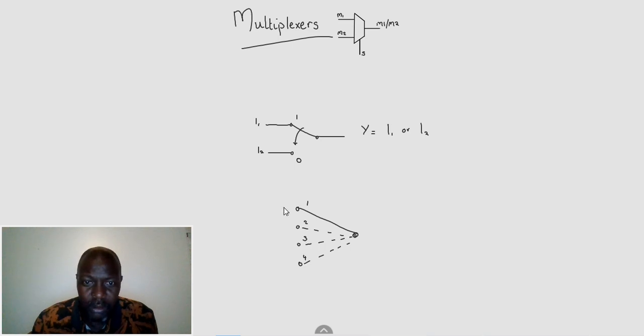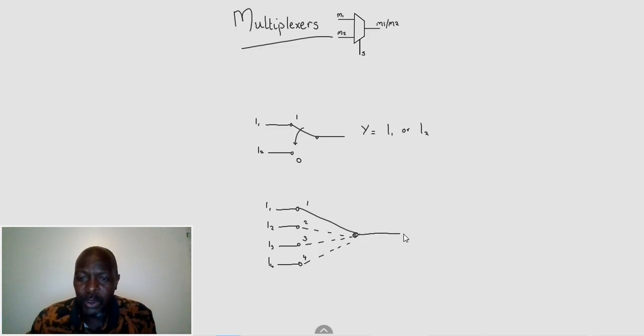There could be more. So if I had multiple inputs, 4 in this case, hence multi, we've got I1, I2, I3, I4, and all these could be transmitted along that one line.